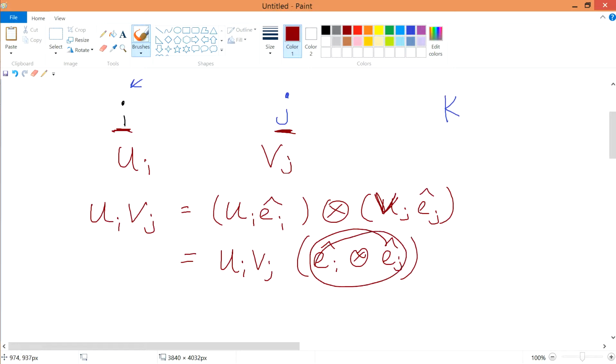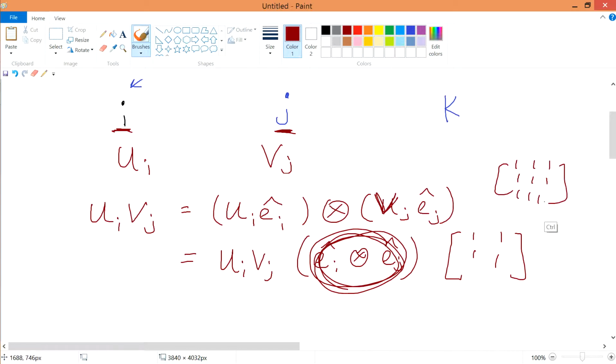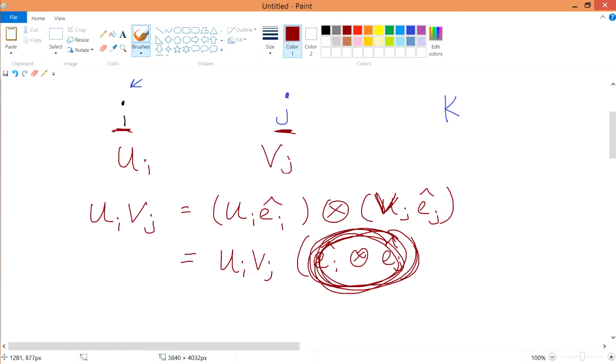This system itself sets up a matrix of 1 1 1 1, or perhaps 1 1 1 1 1 1 1 1 1. So this is setting up a structure for u and v to sit in, or in other words, this whole thing is simply ui vj.